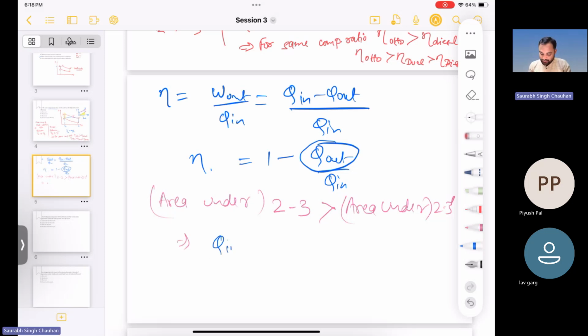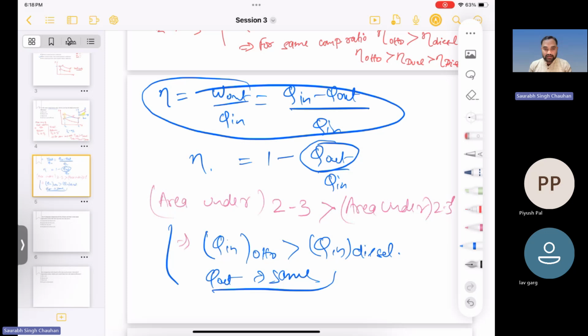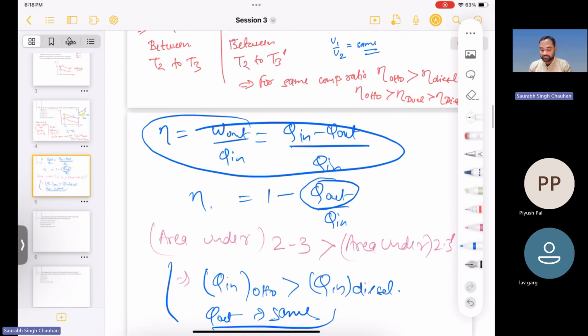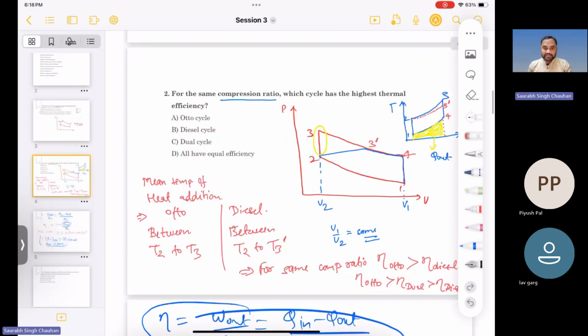This means Q in for the Otto cycle is more than Q in for diesel, and Q out is the same. From this concept also you can tell that for the same compression ratio, the efficiency of the Otto cycle is greater than the efficiency of the diesel cycle.